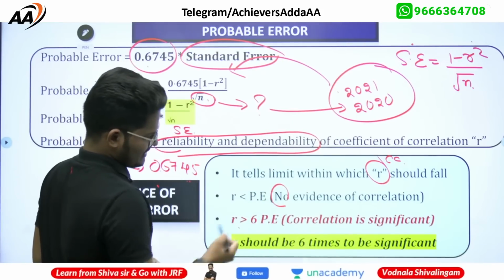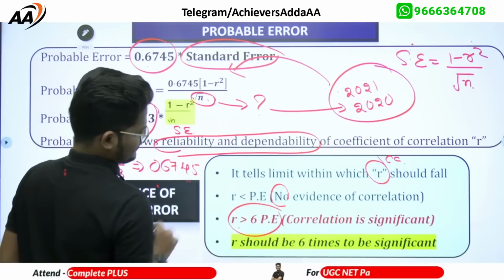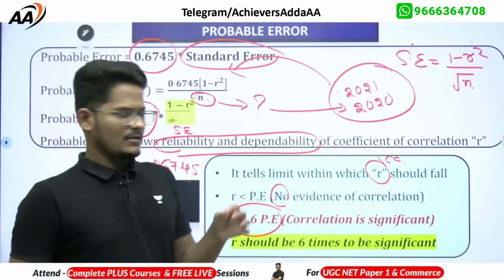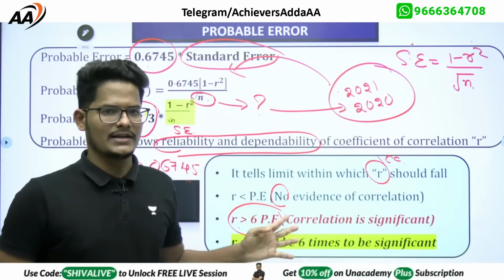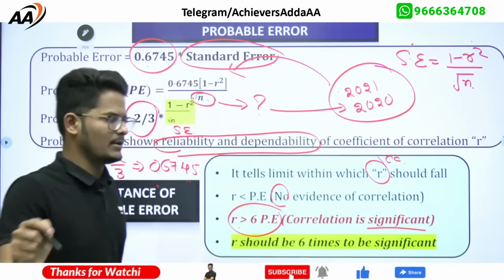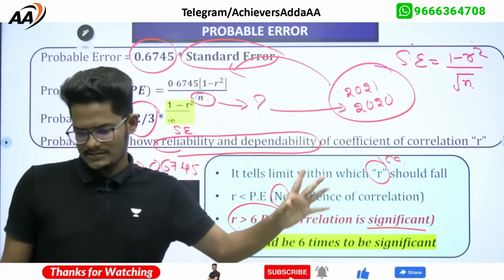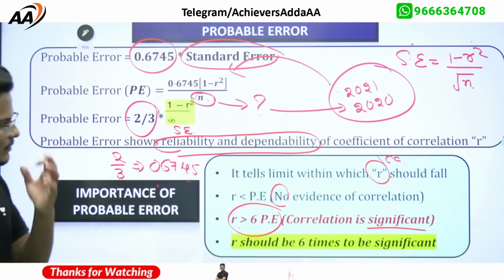If r is more than 6 times the probable error, then this correlation is evidential, reliable, and has dependence. Otherwise, no.